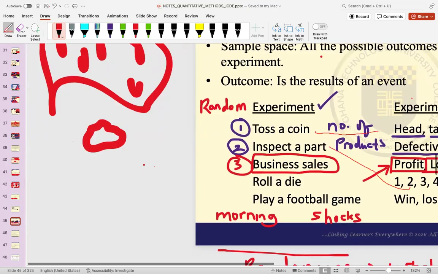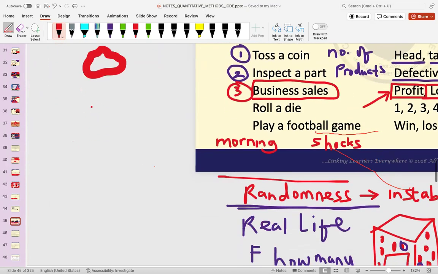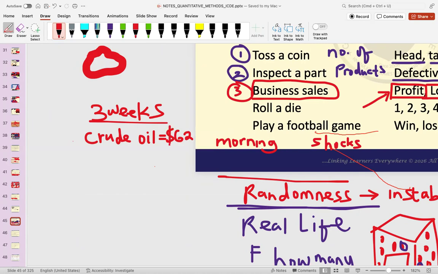Let me give you a clear example. Those of you who follow the business news, 3 weeks ago, the crude oil on the world market, those of you who were following it consistently, 3 weeks ago, I think it was about $62. Then 2 weeks ago, same crude oil, we saw that the price shot to $88.